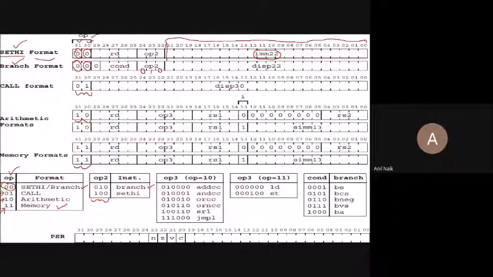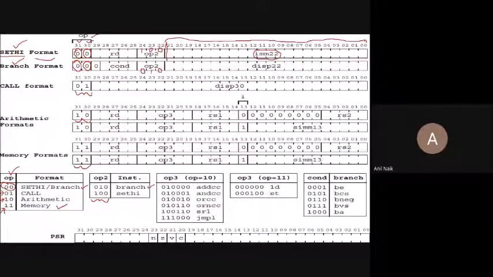Once it is branch or set high format, how does it differentiate? It differentiates with respect to this OP2 operation code. Suppose OP2 is 0 1 0, then it is a branch type of instruction, and if it is 1 0 0, then it is called a set high instruction, set high format, right?